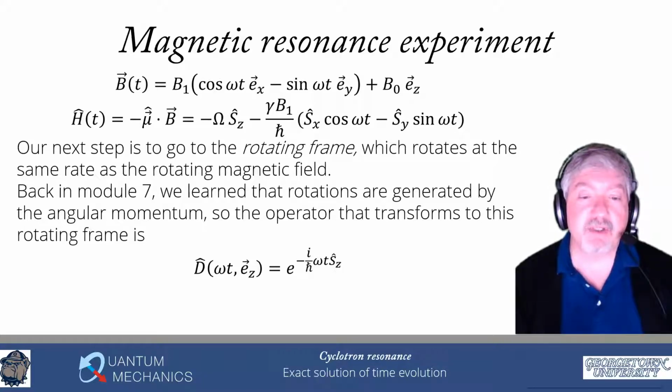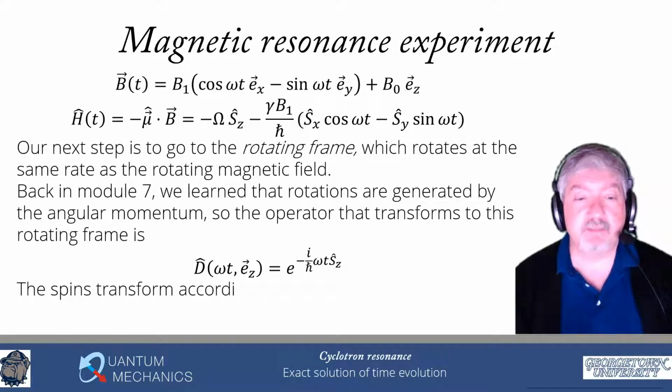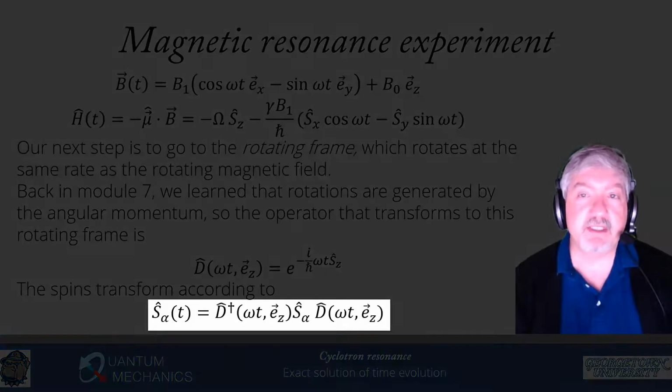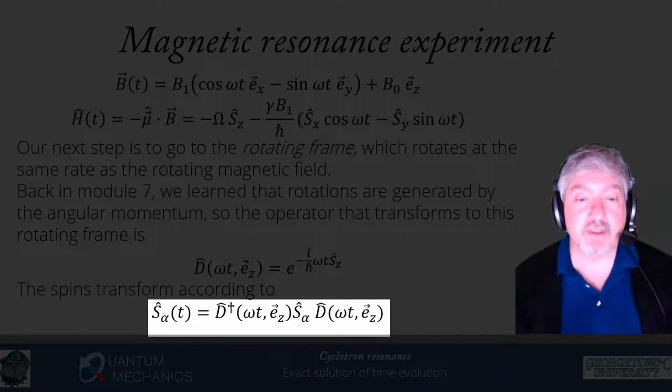So this operator is going to be e to the minus i over h bar omega t times the operator Sz, because this is the generator of a rotation about the z-axis. Now, the spin transforms according to S alpha of t is D dagger omega t Ez, S alpha, D omega t Ez. And we're going to just plug in for what these are.